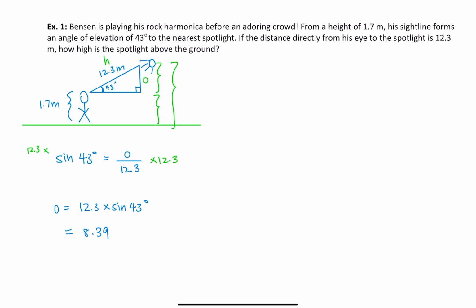So in order to find the total distance above the ground, the distance above the ground is what we just found, 8.39, plus how tall Benson is, 1.7. And that will give us 10.09 meters. And that's how high the spotlight is.